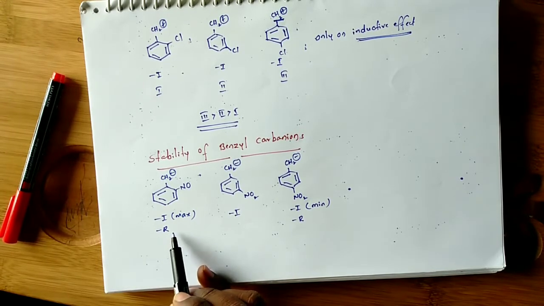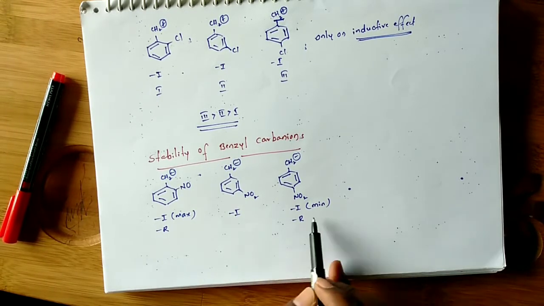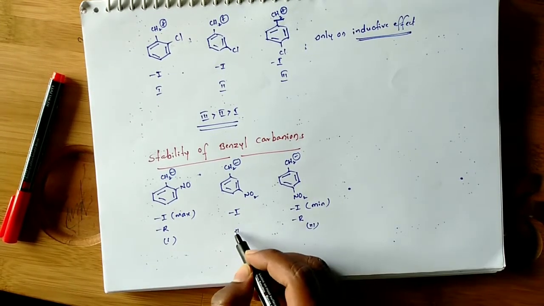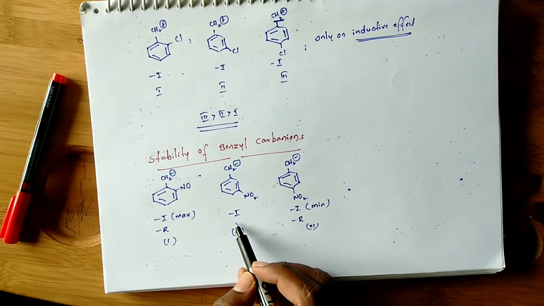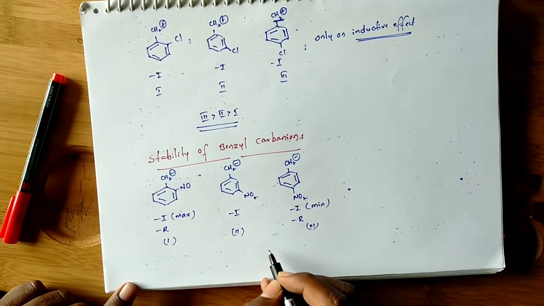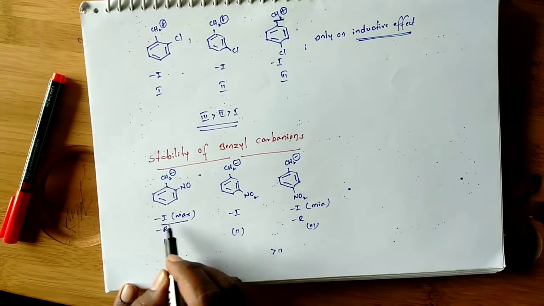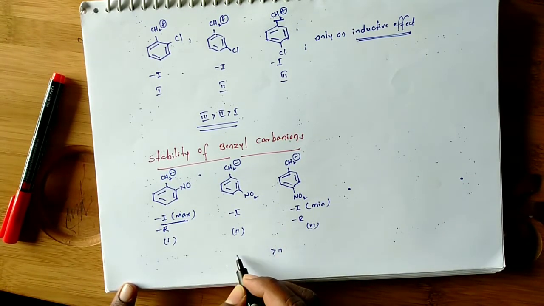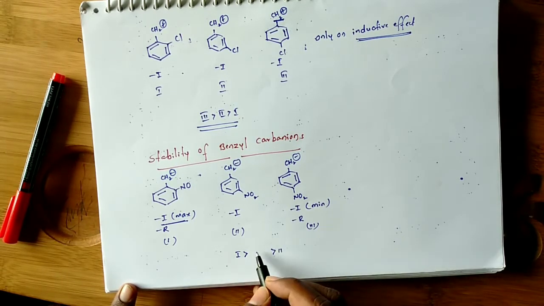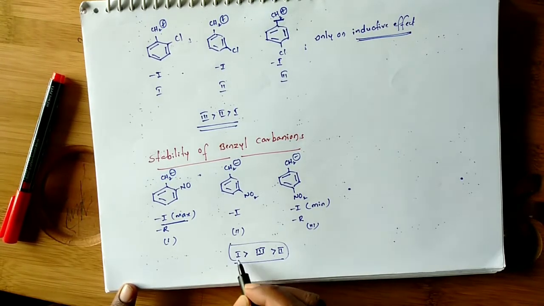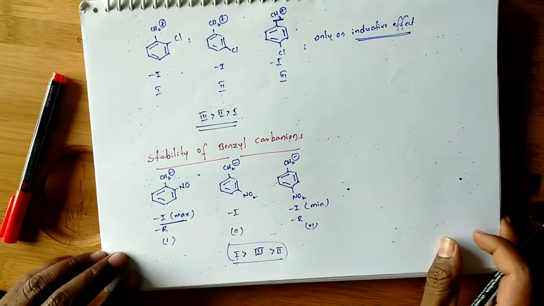In the first and third cases two effects are stabilizing, but in the second case only one effect, the inductive effect, is stabilizing. So it must be the least stable. Now among these two, minus I effect is maximum here, so this must be more stable, then after that the third one. Okay, this is the stability order when minus I minus R group is present on the carbanion.